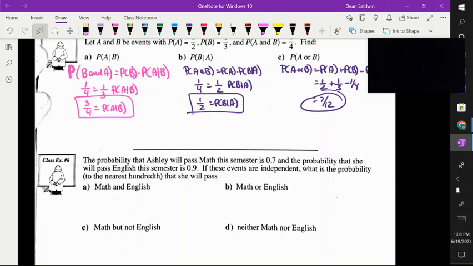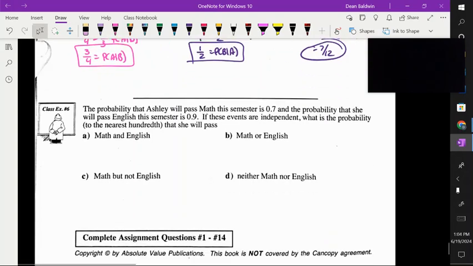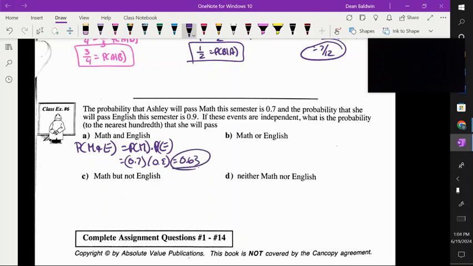So what can you do with the probabilities? You can just multiply them together. So 0.7 times 0.9 gives us 0.63. 63% chance she passes both.